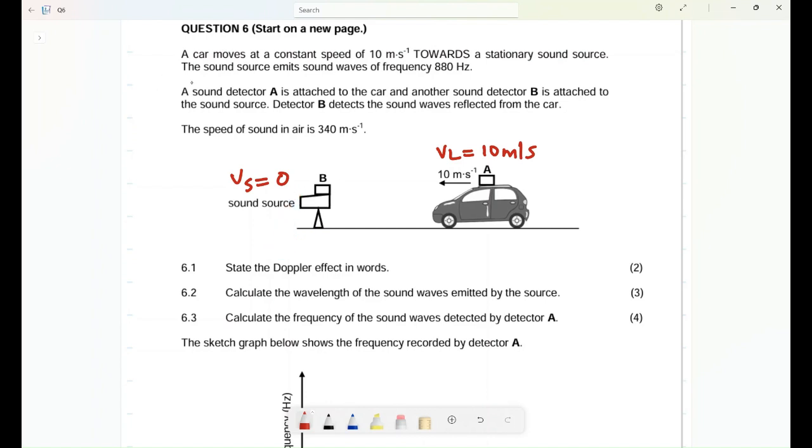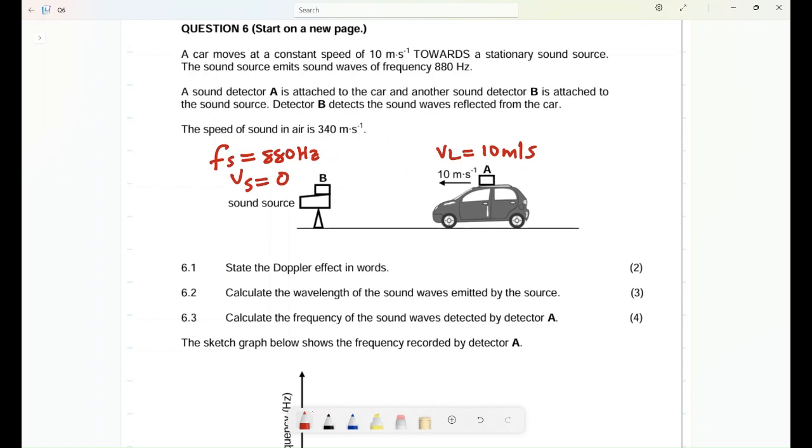Now they say to us the sound source emits sound waves of frequency 880 hertz. Now the frequency of the sound is 880 hertz. This frequency will be detected by the listener, and it is traveling in air.